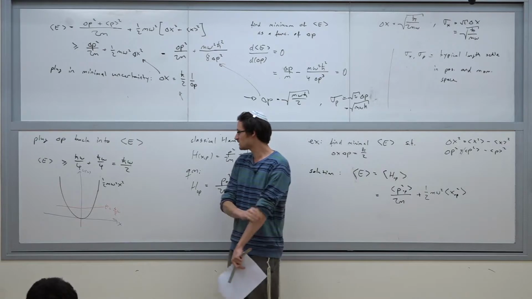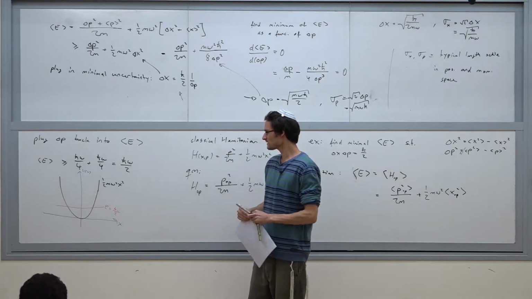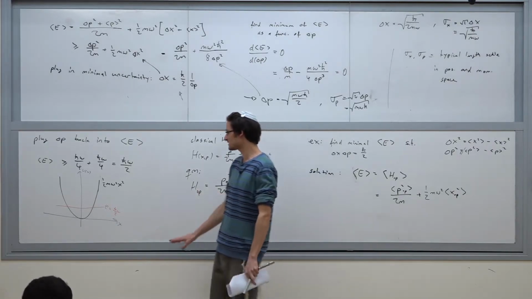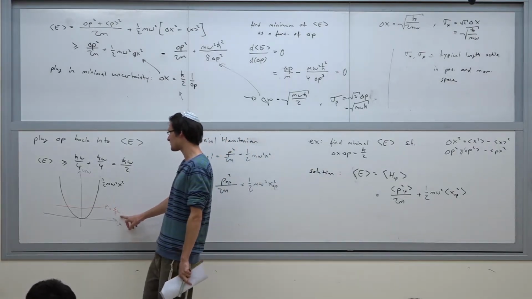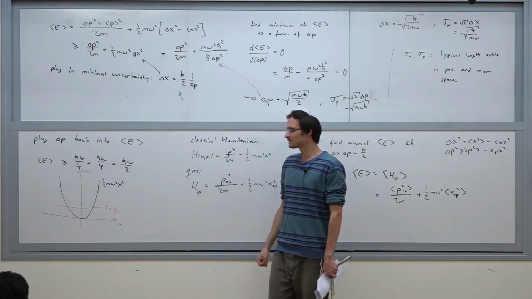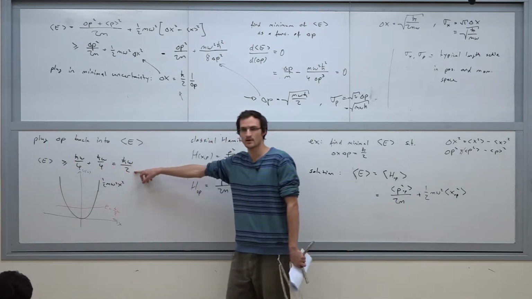And this is one of the great discoveries of quantum mechanics. There is no such thing as a particle inside a harmonic well with 0 energy. It doesn't exist. The minimal possible energy is h bar omega over 2. And if you remember from the lecture, indeed the ground state energy is exactly equal to, not greater than, but equal to h bar omega over 2.